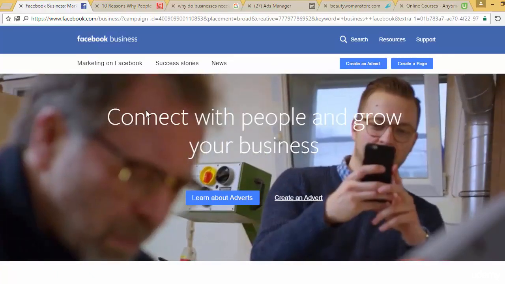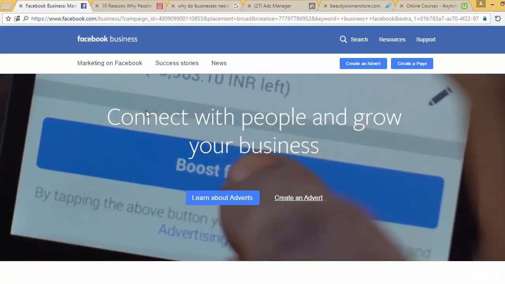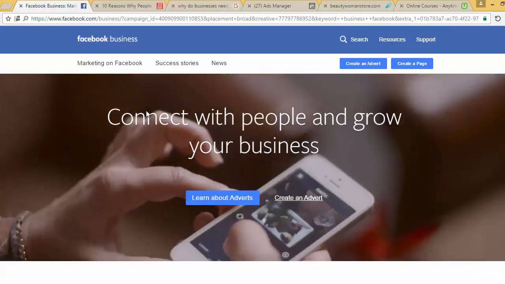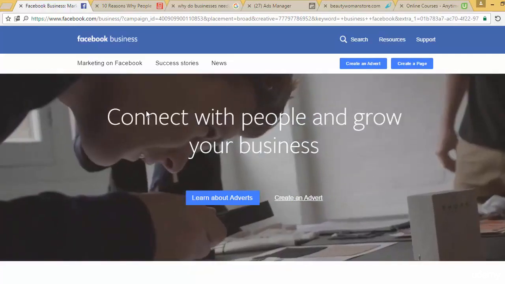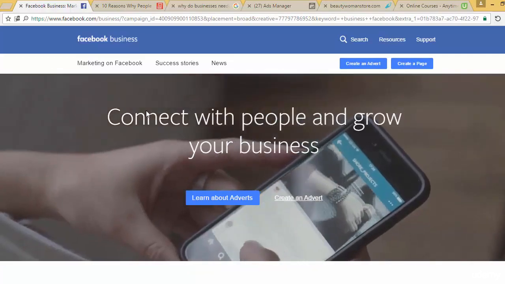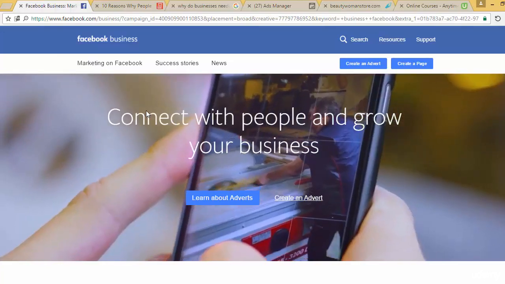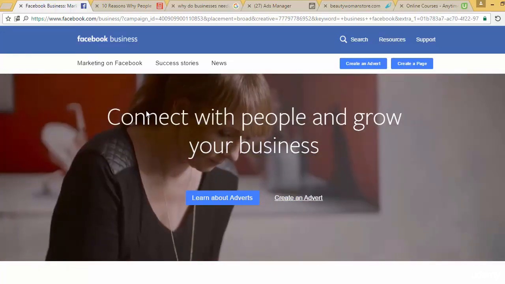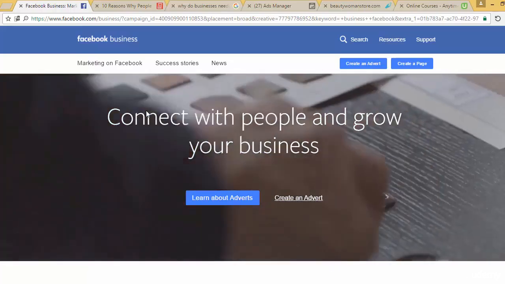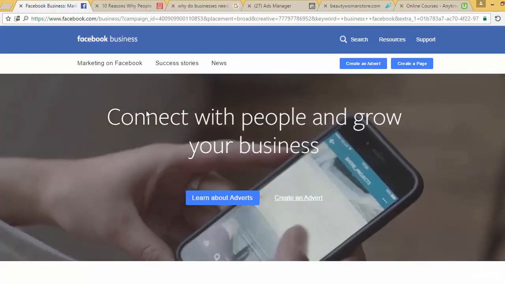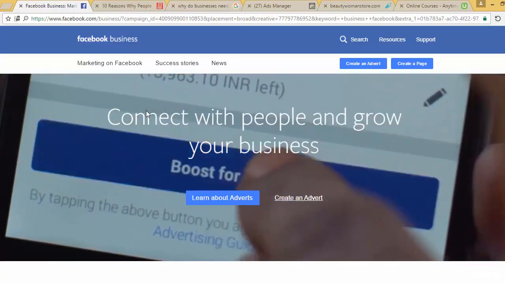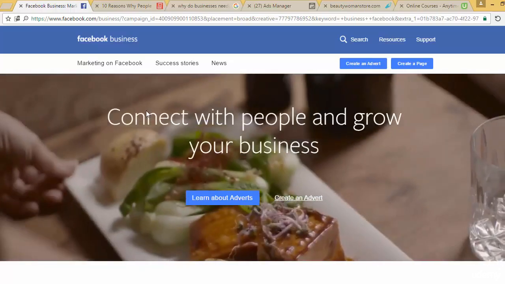And number three is nurturing leads, to nurture those leads to convert them to hot leads. And the last one, S, which stands for sales, convert those hot leads into revenue. So these are the four steps to become more successful with the Facebook business.